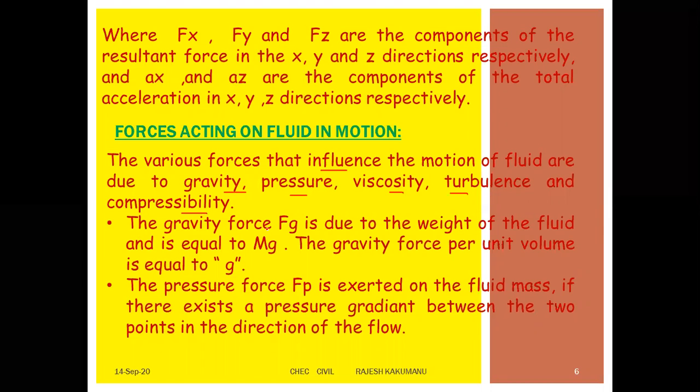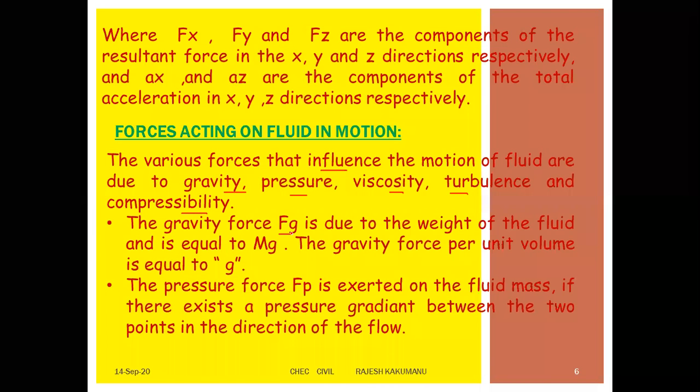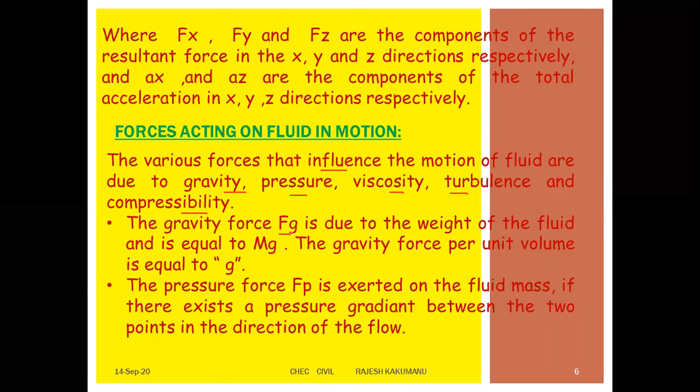The gravity force Fg is due to the weight of the fluid and is equal to mg. The gravity force per unit volume is equal to the gravity g, 9.81.